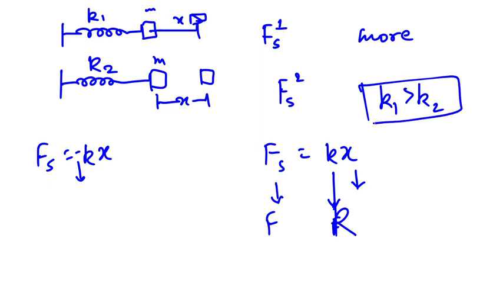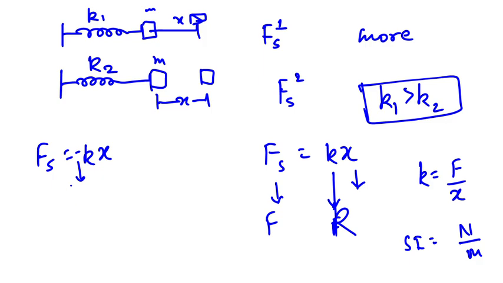Another way to say it: if the spring constant is greater, the spring is going to exert more spring force, or you can say the spring will be stiffer. Now from here, k equals F by x, just to get its SI unit. The SI unit of force is newton and displacement has SI unit of meter, so newton per meter. Okay.